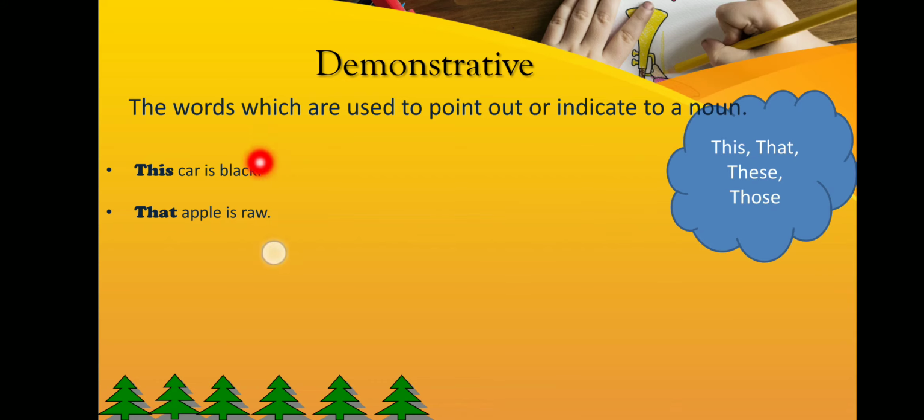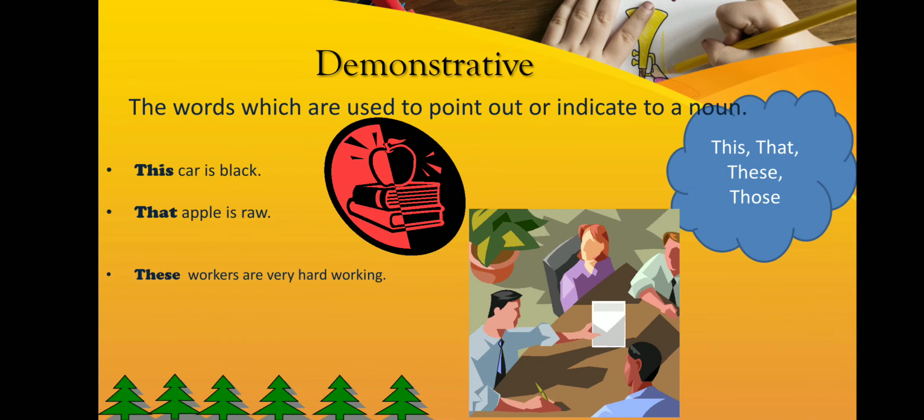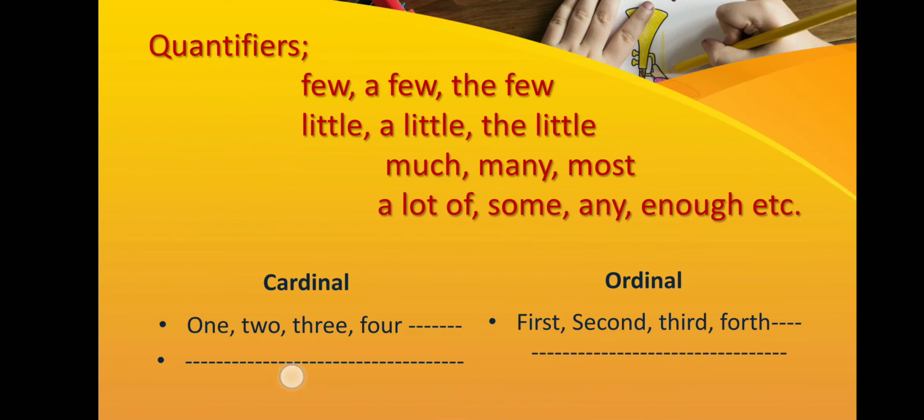This car is black, that apple is raw. So this and that both are demonstrative determiners. Next, these workers are very hardworking. These is a demonstrative determiner. Those trees are very beautiful. Those is a demonstrative determiner.